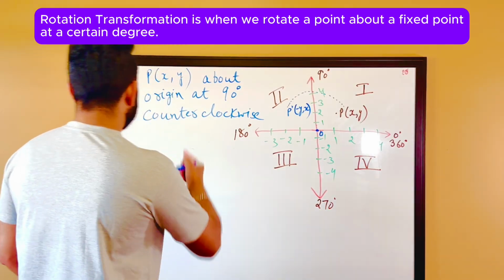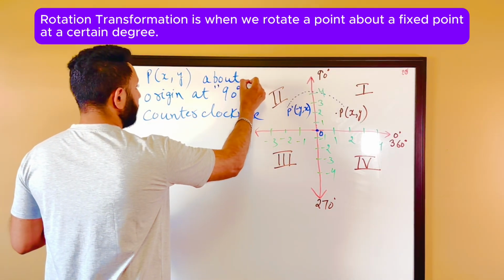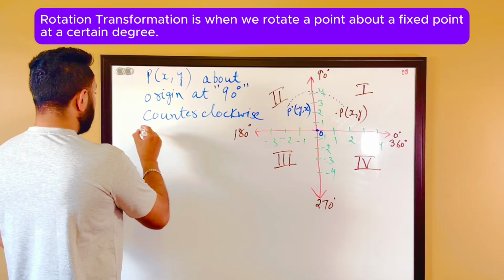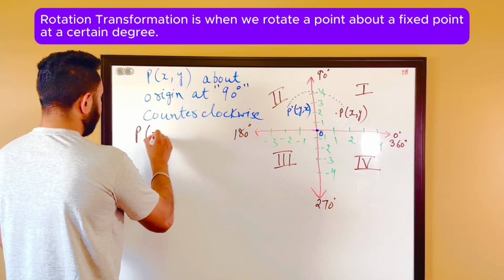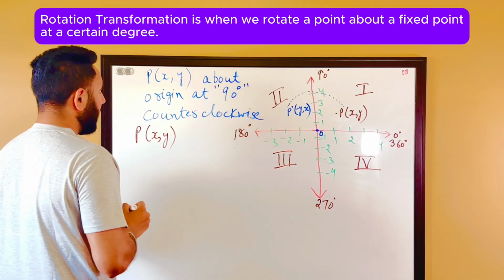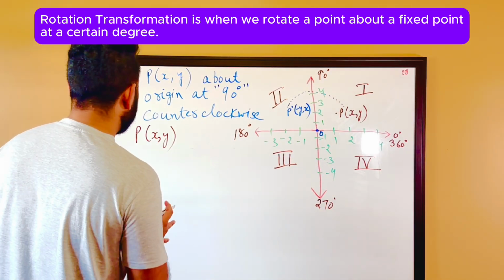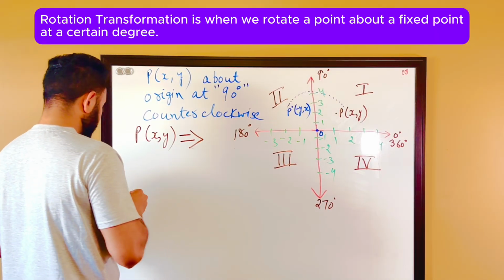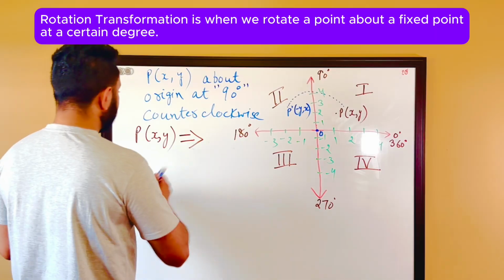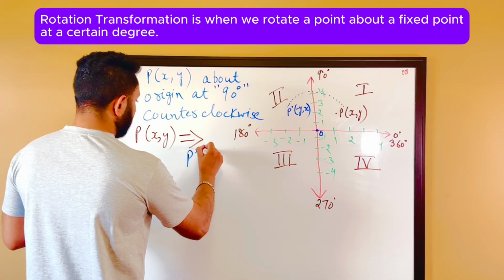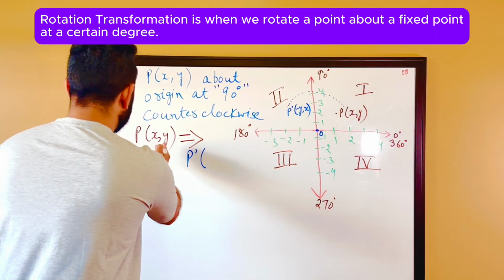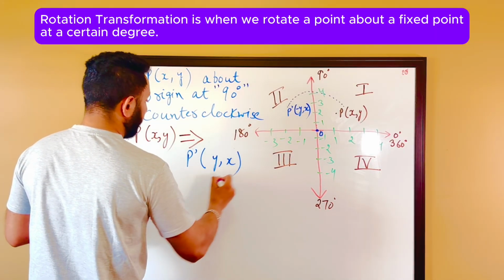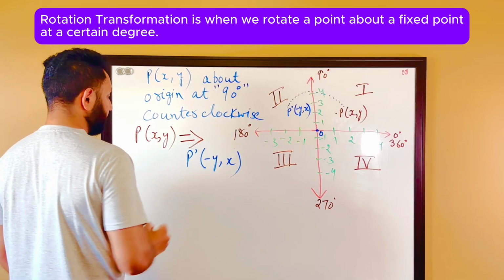So the rule is Pxy, and after applying the rotation transformation, the new point P dash will be, we're gonna switch the coordinates and put a minus sign in front of Y.